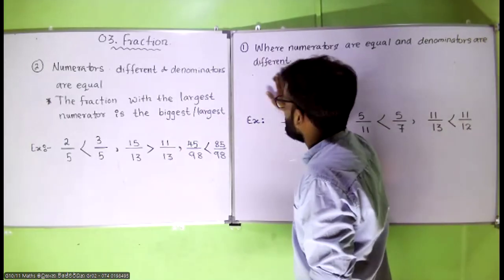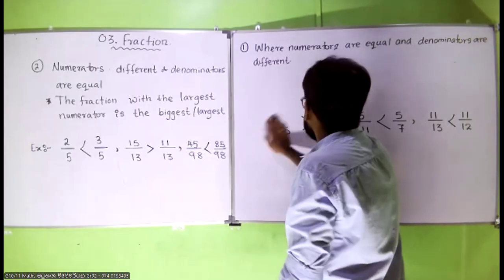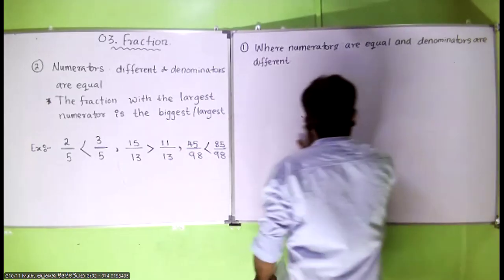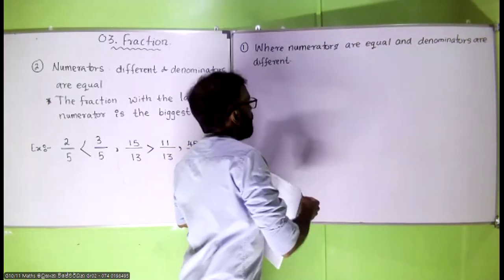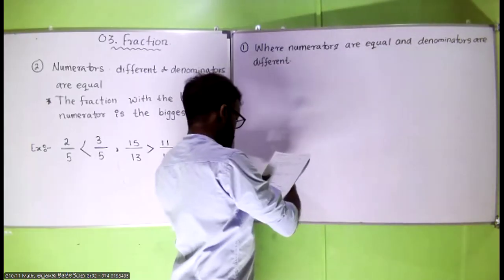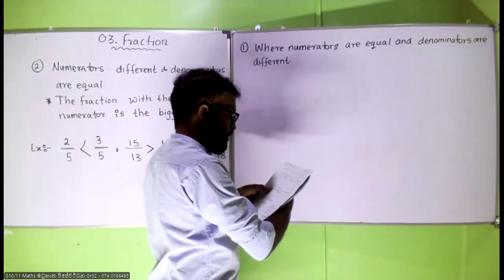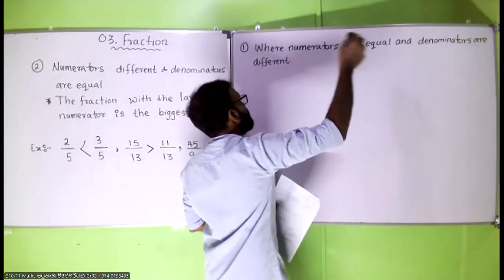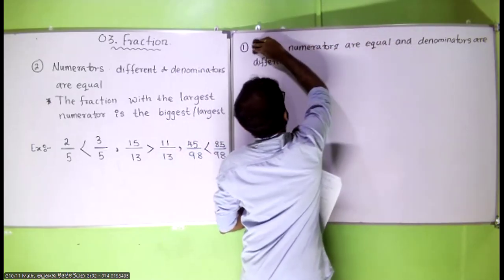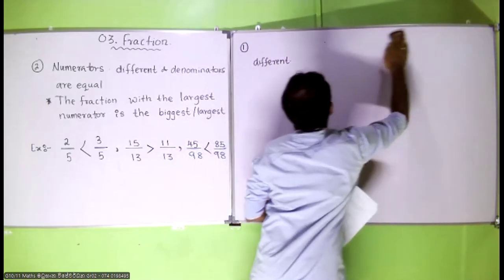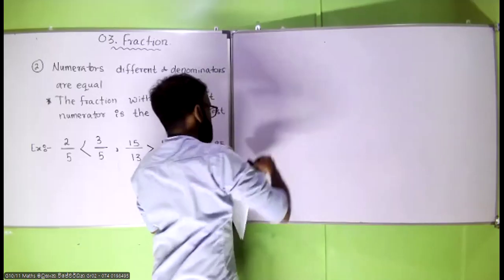You have to do a little bit of calculation when you are doing this, where both numerators and denominators are not equal, that means they differ. This is the third case.